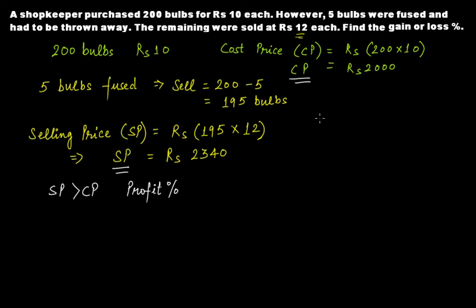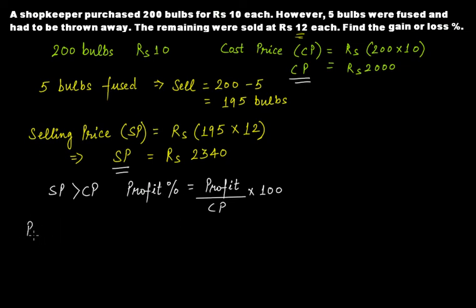The formula to calculate the profit percentage is the profit you make divided by cost price multiplied by 100. If it were loss percentage, then in place of profit it would be loss, but since this is profit percentage, therefore we have profit here.